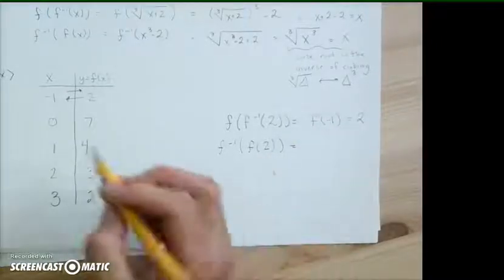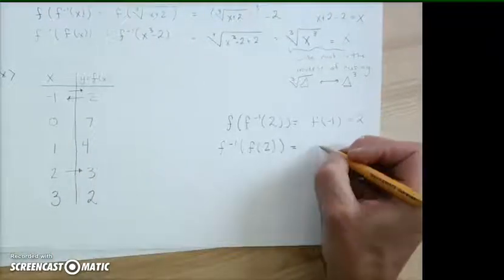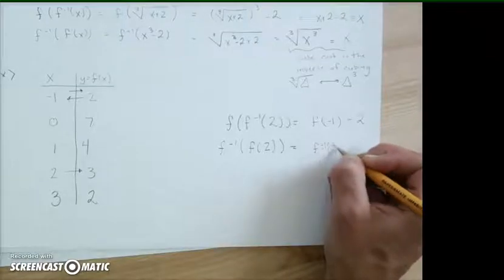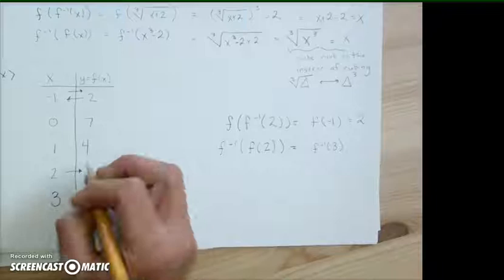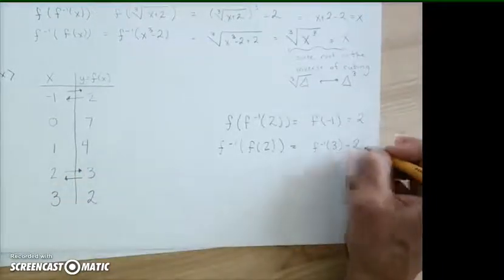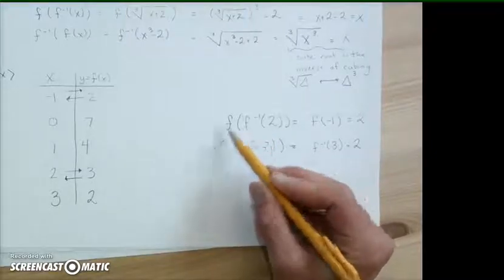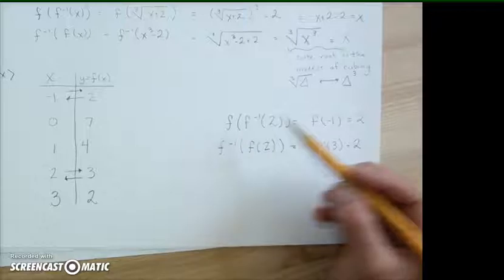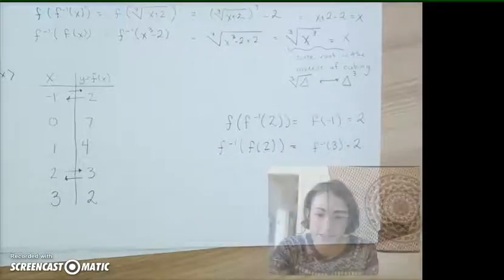F of 2 is the value that I get out when I plug in 2. So that's 3. F inverse of 3 is the x value I plugged in to get out 3. So I go backwards in this direction, and I end up with 2 again. So whatever I plugged in to the composition of f with f inverse, I get that same thing back out. So these are in fact inverse functions.